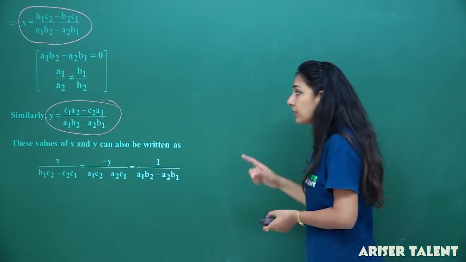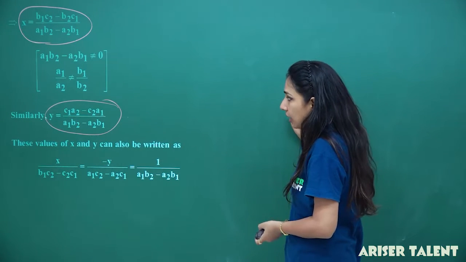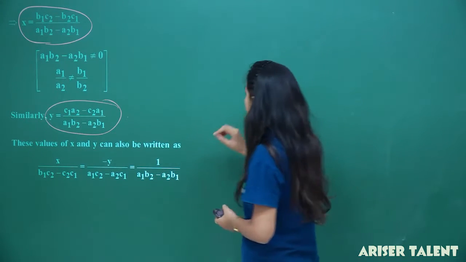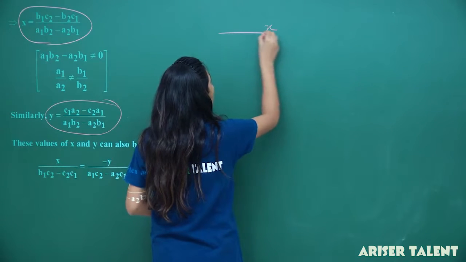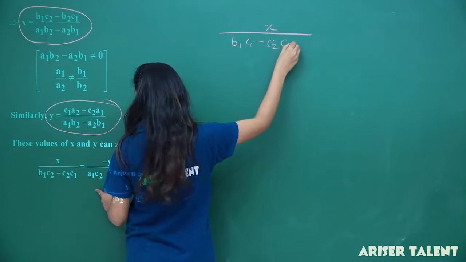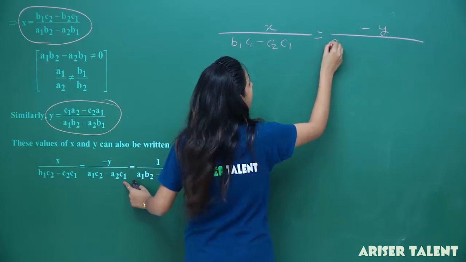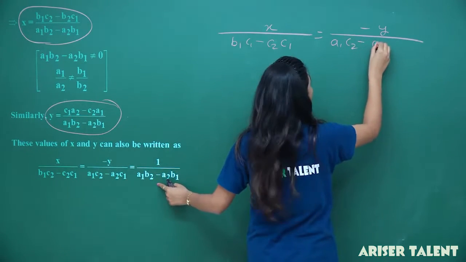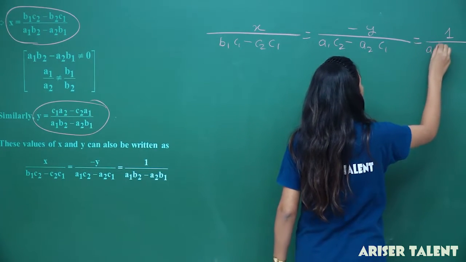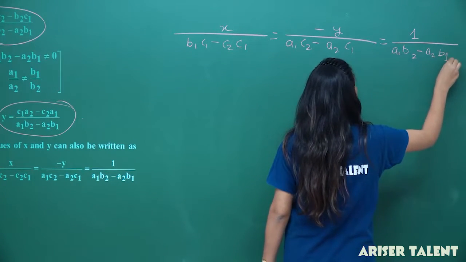These values can also be written as, because we have this first equation, this second equation, and if we go with the C1 and C2, we'll find that x upon B1 C2 minus B2 C1 equals to minus of y upon A1 C2 minus A2 C1 equals to 1 upon A1 B2 minus A2 B1.